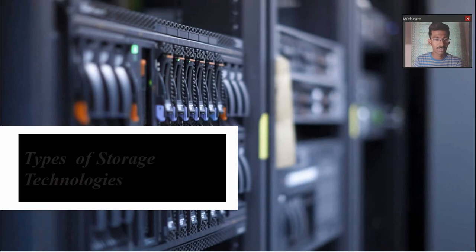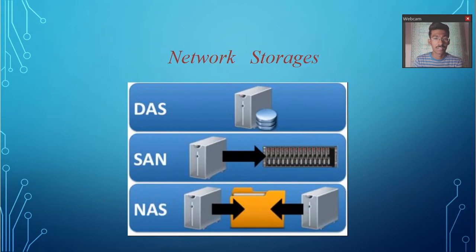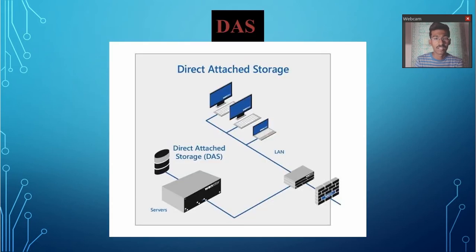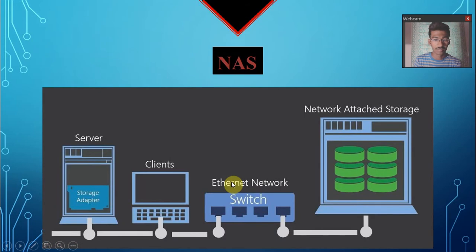So, types of storage technologies. We have different storage: DAS, SAN, and NAS. Coming to DAS, independent machines are linked to a single LAN like a bus, and the LAN is connected to the server, and the server is connected to the storage.